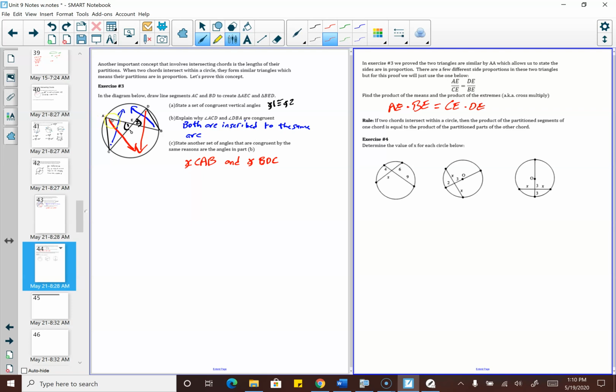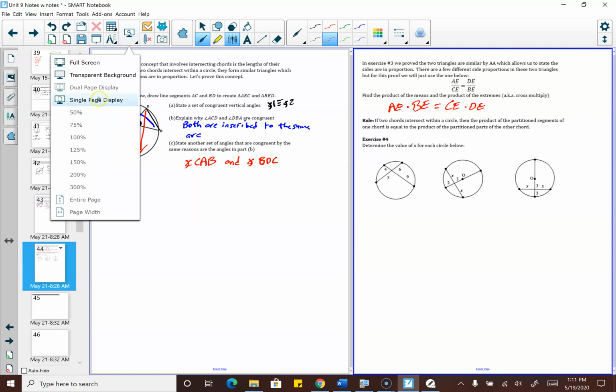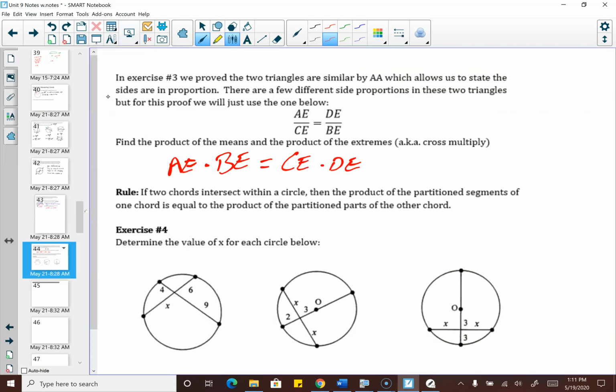Okay, so if you look, AE and BE are part of the one chord, and CE times DE are part of the other chord. So the rule says if two chords intersect within a circle, then the product of the partition segments of one chord is equal to the product of the partition segments of the other. Now, that's a little bit confusing in the way it's written.